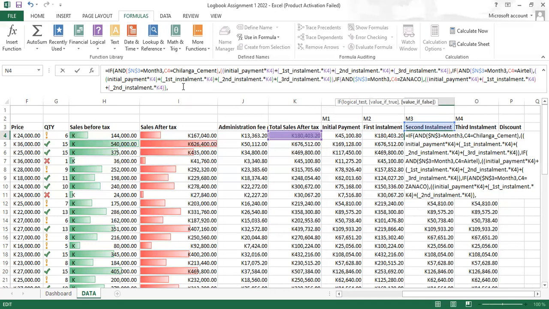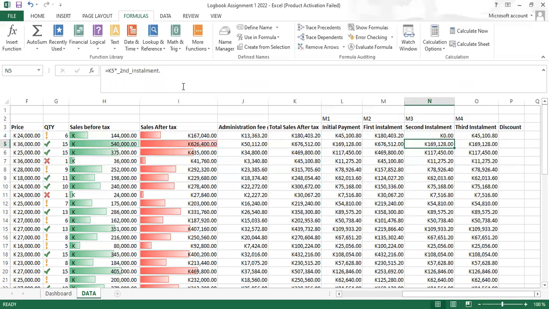Now value if false, we can put comma 0. Okay. Are we okay up there? Okay, it is agreed.